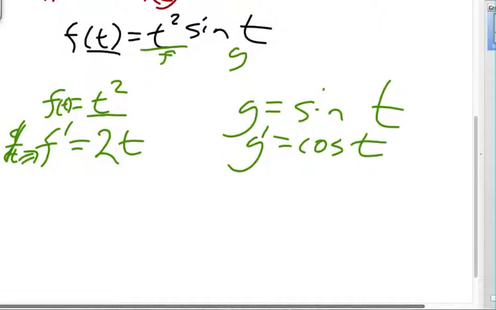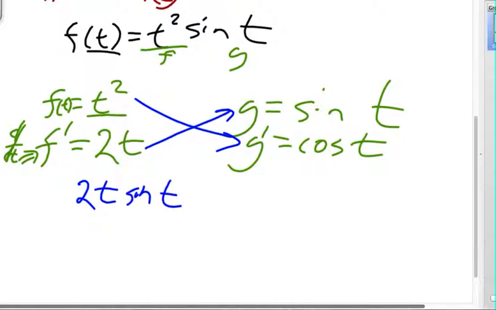That was really the only new skill we had in this lesson. Now we do, and this is product. So I'm going to have f prime times g, so I'm going to have 2t sine of t, plus f g prime, t squared cosine of t.